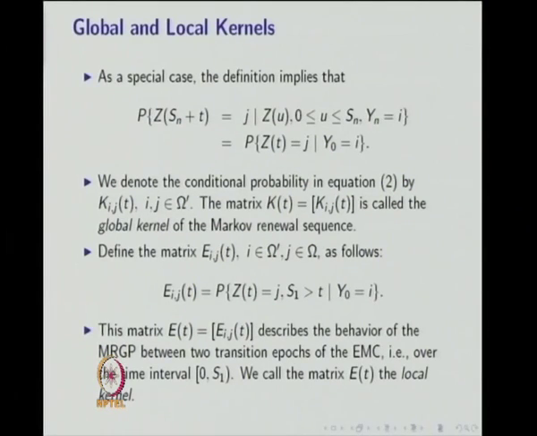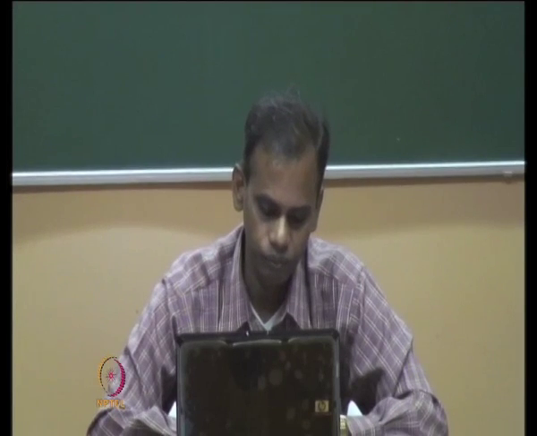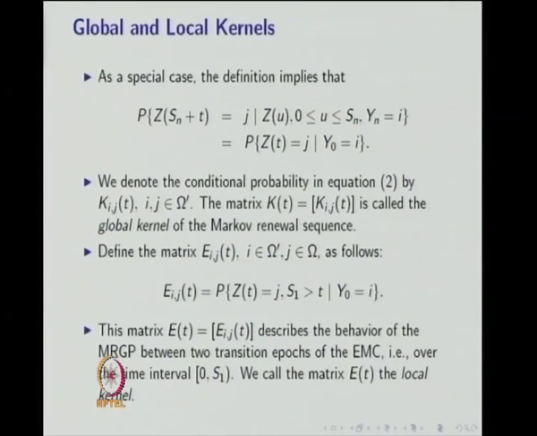The way we discussed the semi-Markov process with the transition probability matrix and the sojourn time distribution, here we have to explain the global kernel and the local kernel. So, that we are going to discuss now.